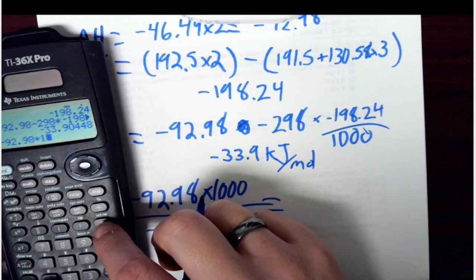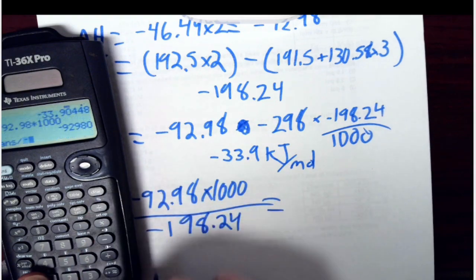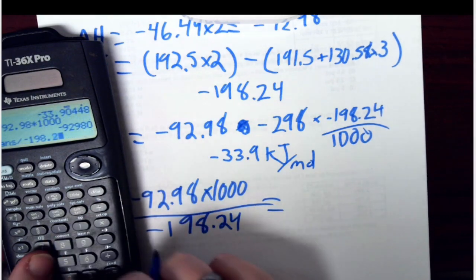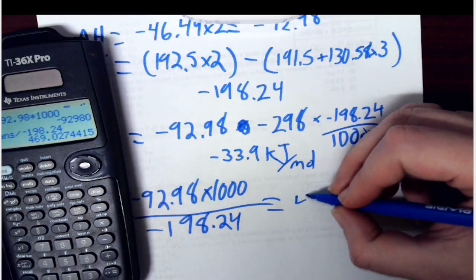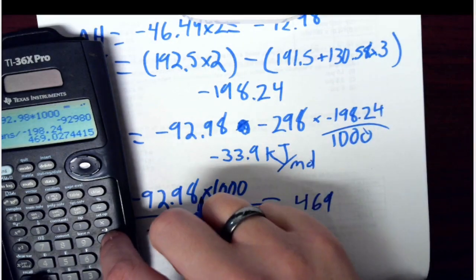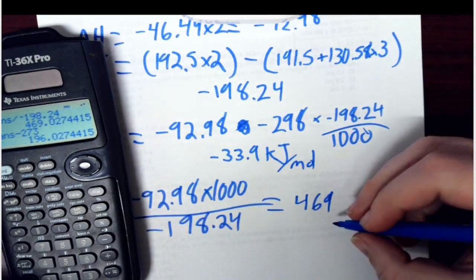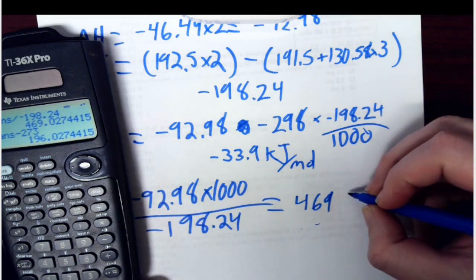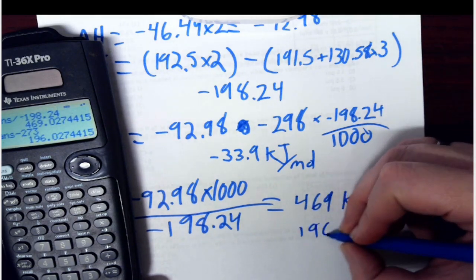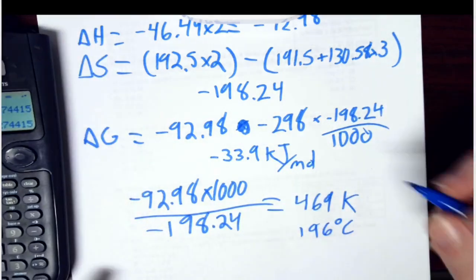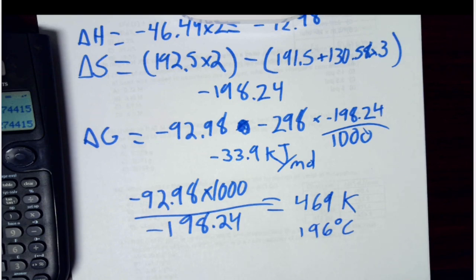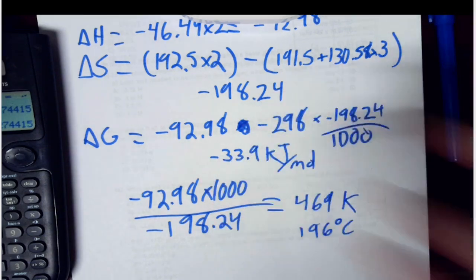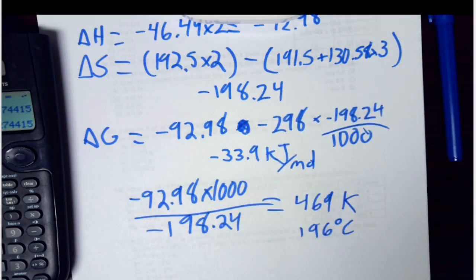At what temperature? 469. So basically 196, almost 200 degrees Celsius. It stops working. Now we see right here this is an exothermic process.